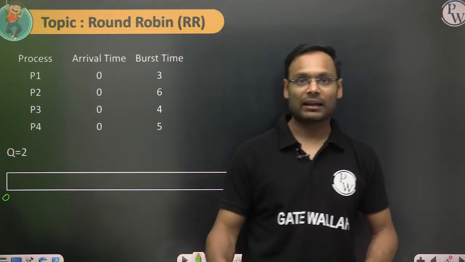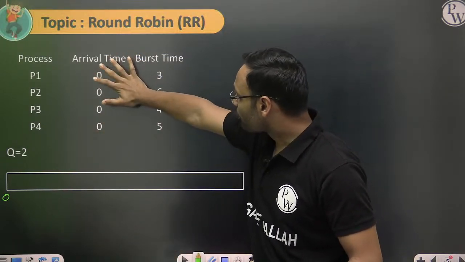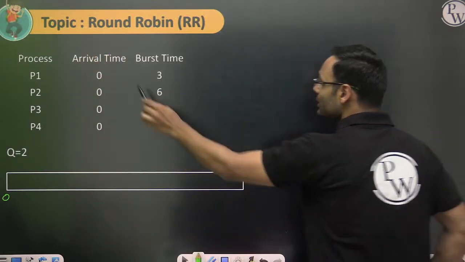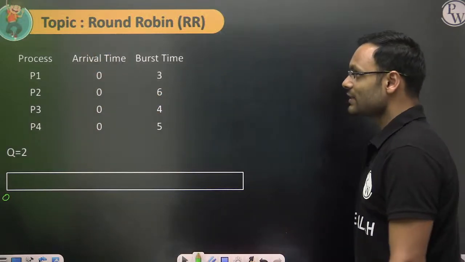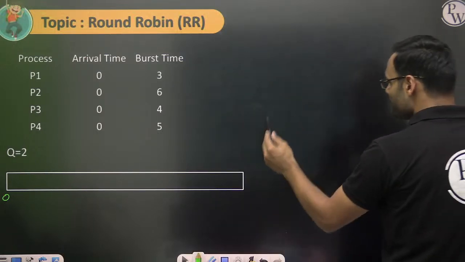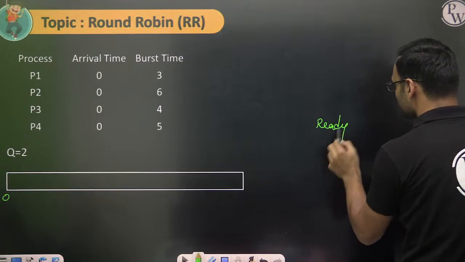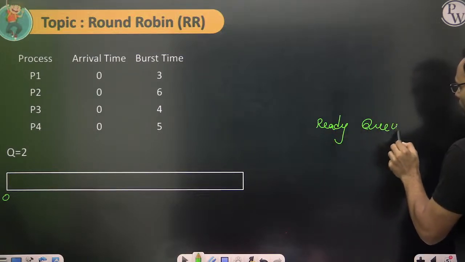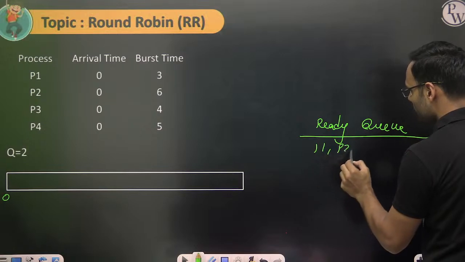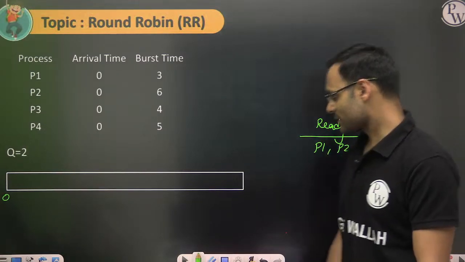Based on arrival time I'll have to schedule the processes, but the processes have equal arrival time. So based on their IDs, of course, FCFS says if arrival time is equal, go with ID. So I will add all the processes in the ready queue like this: P1, then P2, then P3, then P4.